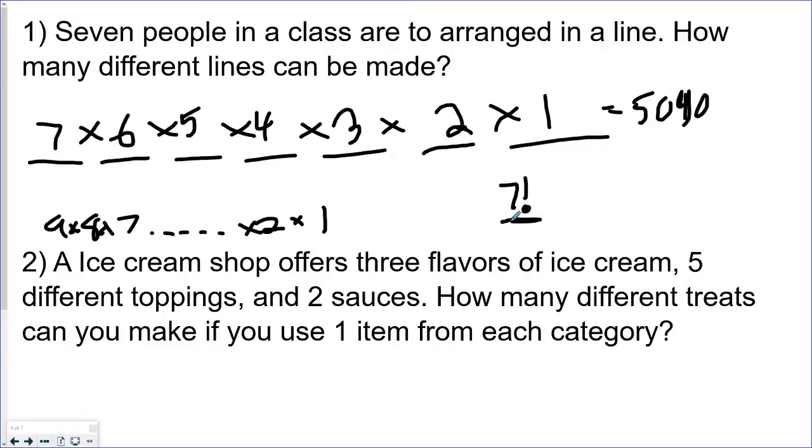So this right here means exactly this. It means times all the numbers from 7 all the way down to 1. Not 0, because 0 would just make it all go to 0. But this little exclamation mark means start with this number and multiply it by everything below it all the way down to 1. So 9 factorial would be multiply 9 by everything down below it, ending at 1.